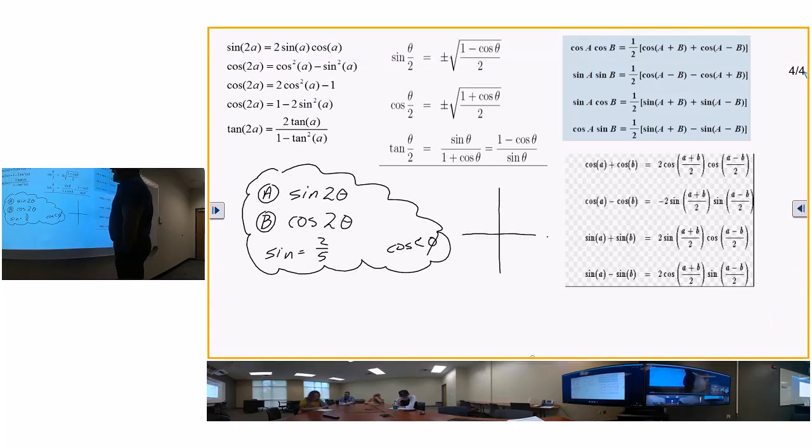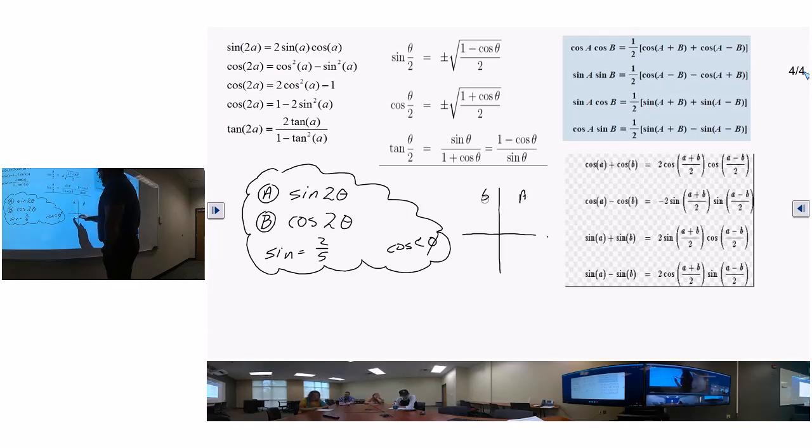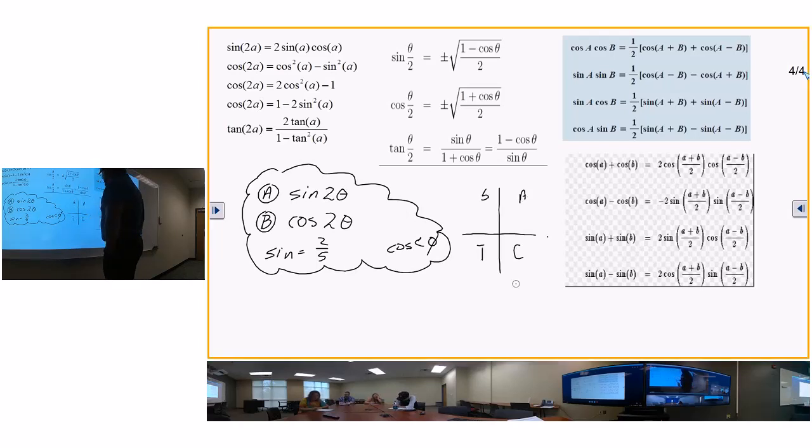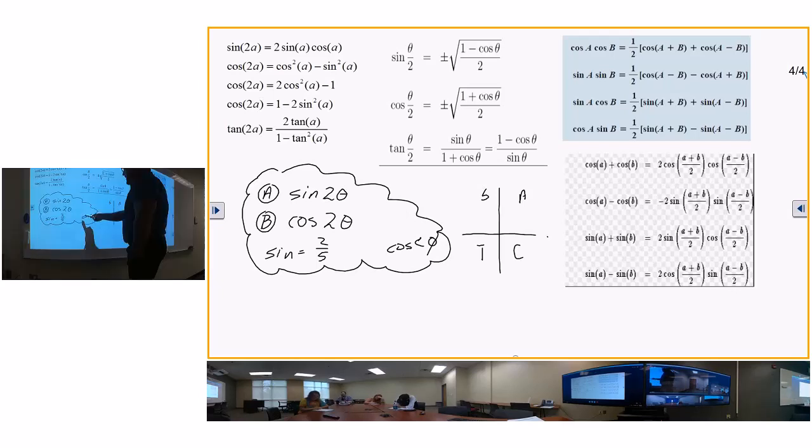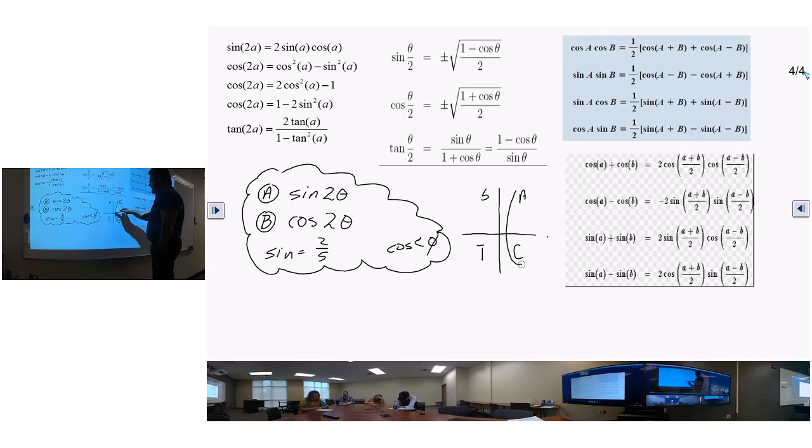If the sine is positive, all students take calculus. If the sine is positive, it has to be between the first and the second quadrant. Everybody agree with that? Cosine has to be negative. So the only places that are positive for sine are these two.